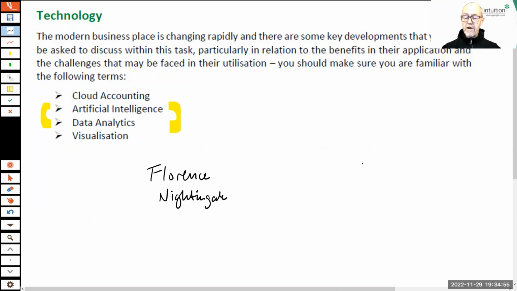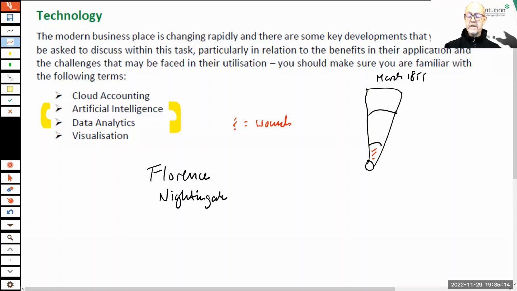And she would draw a graph something like, I can only sort of replicate it a bit, and she would say this was for March of 1855, and that was the number of soldiers that died from wounds, and that was the number that were the other.